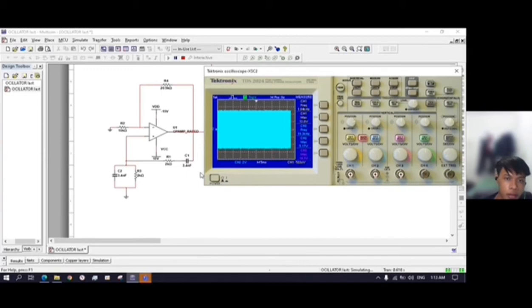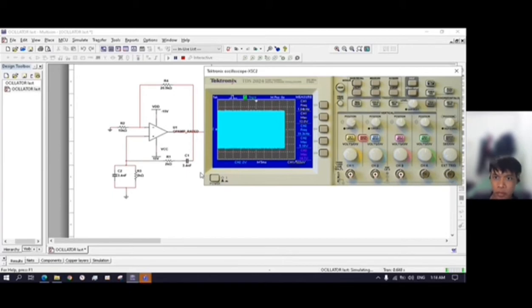To get the feedback resistor, we multiply R2, which is 10 kilo ohm, by 2, which gives 20, and we add 0.5 to avoid the issue of the signal not coming out.